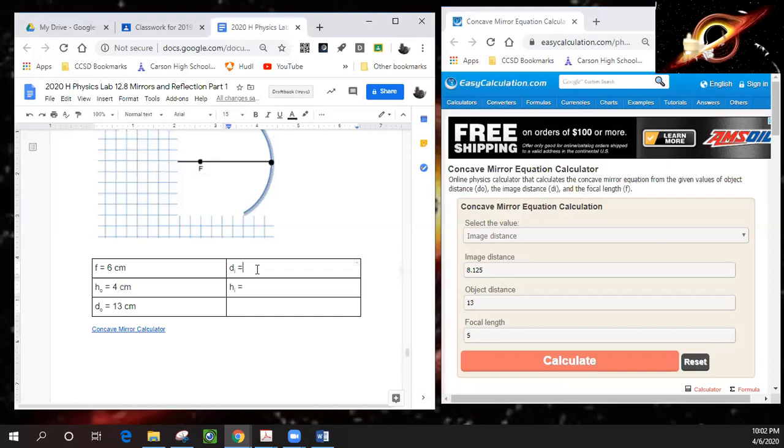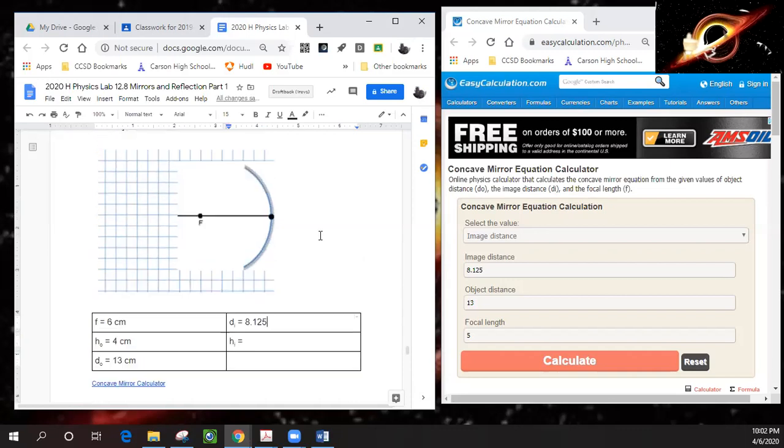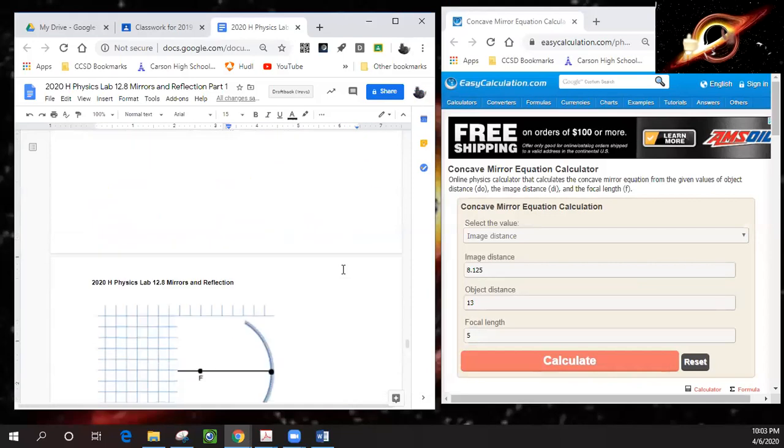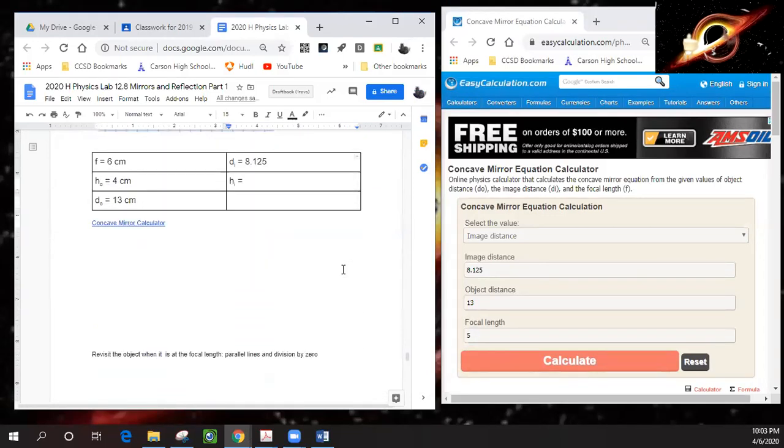So we'll go over here and write down 8.125. Okay, there's the image distance, and that's what it was here. Now the height, what's the height here? This doesn't tell us what the height is, but up here we do have the formula for height.